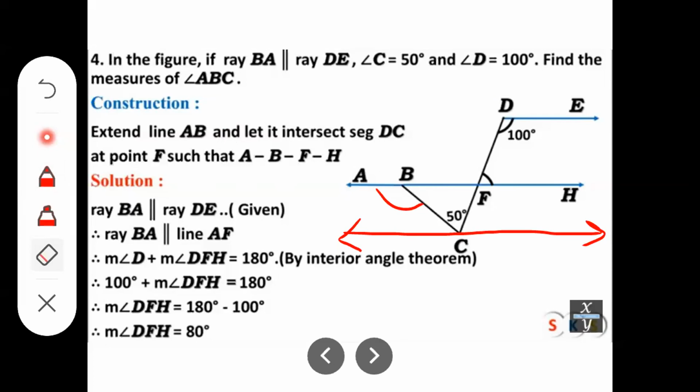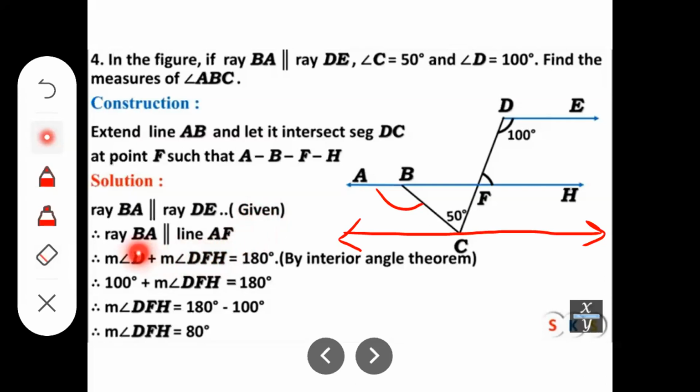Now see the solution. Ray BA is parallel to ray DE. That is already given. BA is parallel to DE, right here.